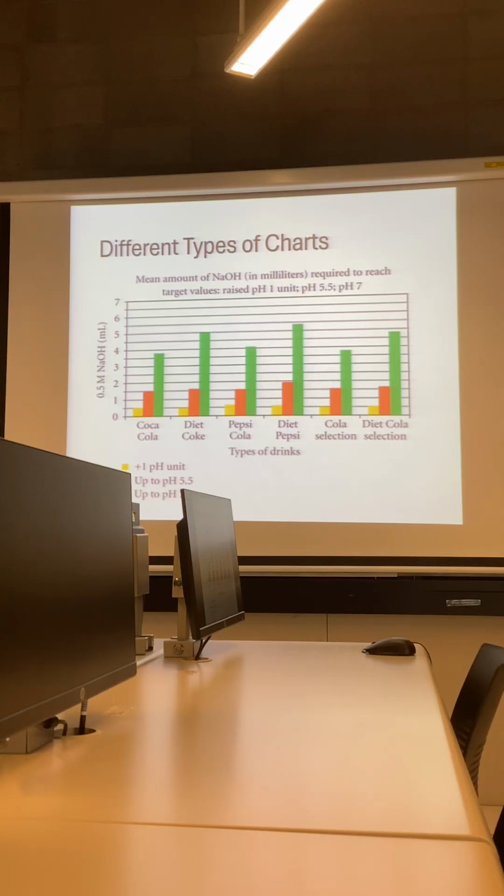You see the vertical axis on the left, the vertical is NaOH, right, in milliliters. How much is the height of the NaOH of the diet Pepsi at pH 7? 5.0, around 5 point something.